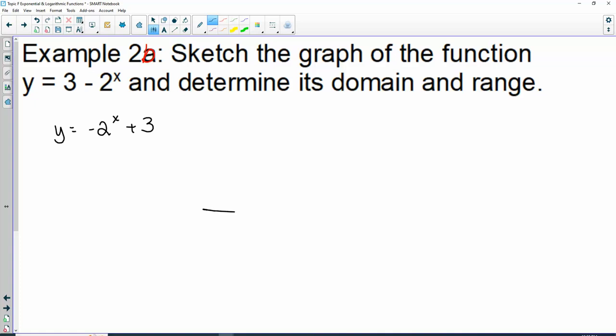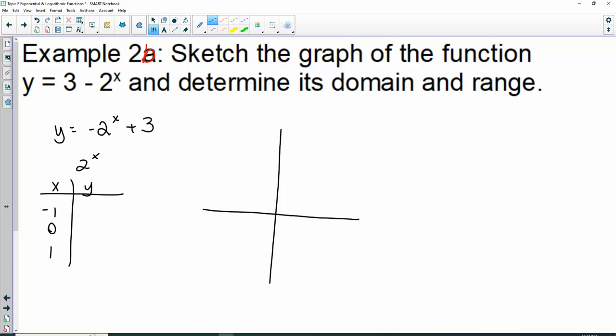What is the parent function? Well, it would just be the positive of it. The negative will be part of our transformations. So we'll graph our 2 to the x first. And then our -1, 0, and 1.